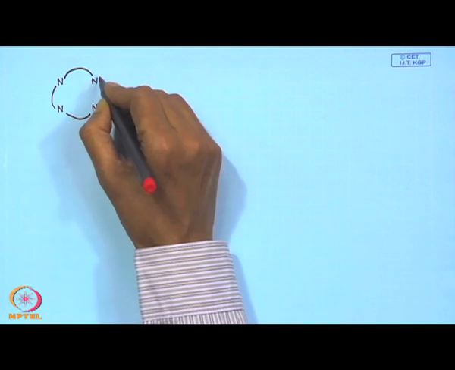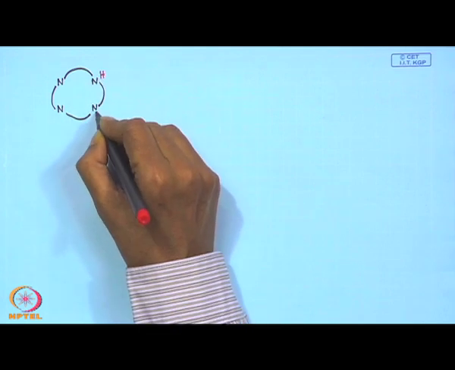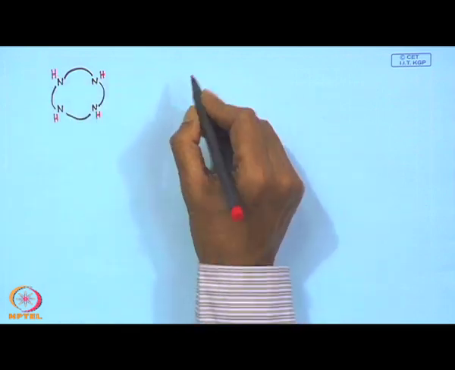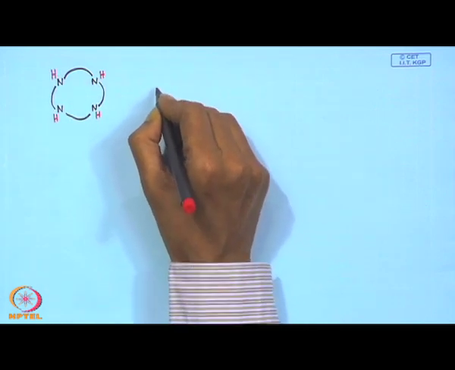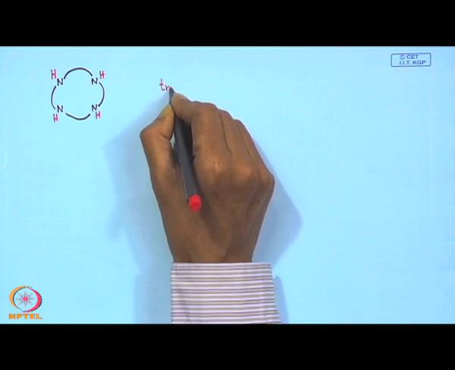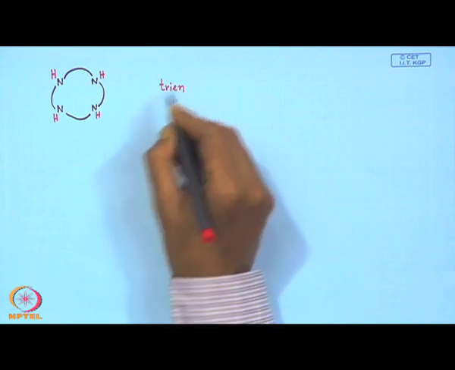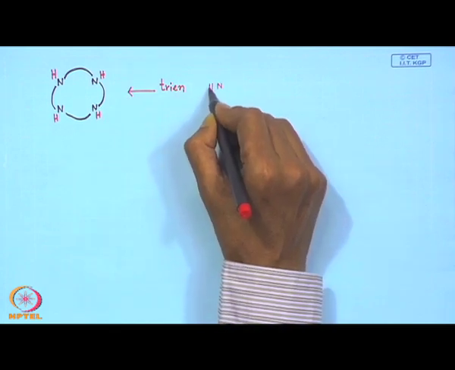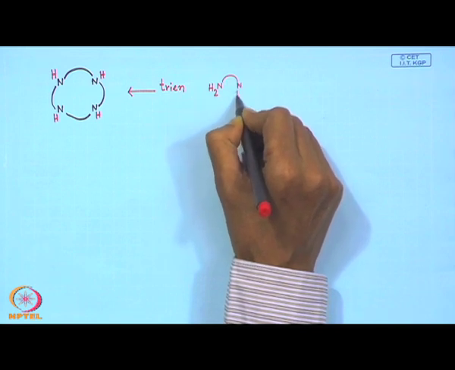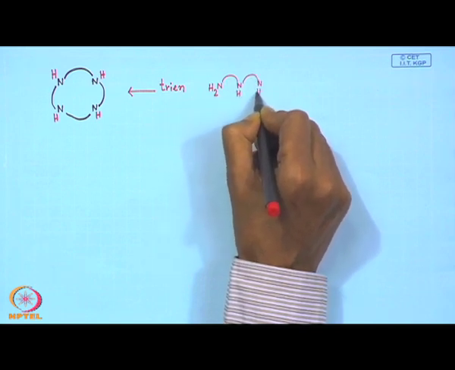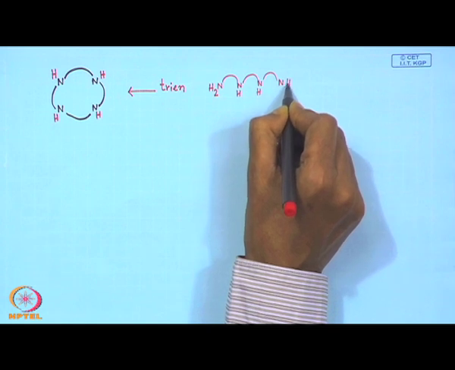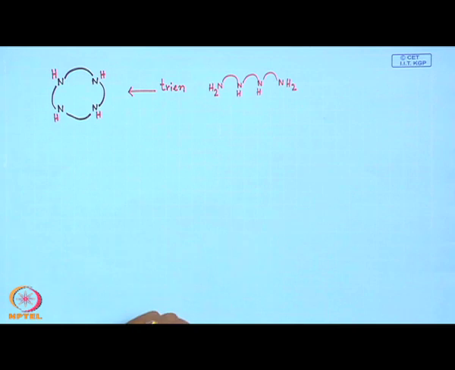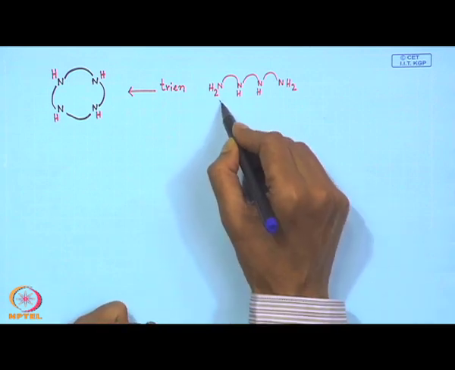This can be derived if these are all NH, taken from diethylene triamine. So, this can be obtained if we consider the triene backbone. The triene was NH2, NH, NH and NH2.